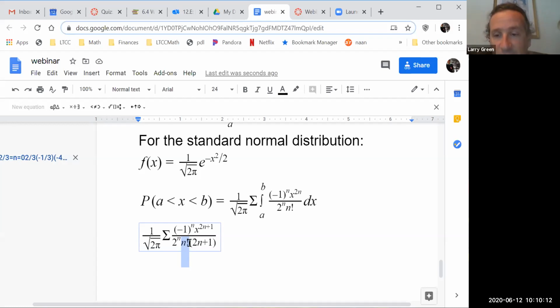Probably 6 or 7 terms is all you need and you're done. And you get as many decimal places as you could ever imagine. Whereas if you do left rectangles, you might need 1 million terms to get a whole lot of decimal places. Does that make sense? So this is a lot more accurate than left or right rectangles. Any questions on this?